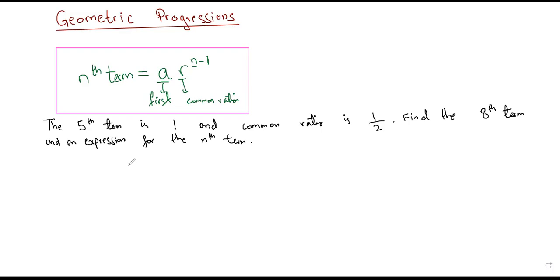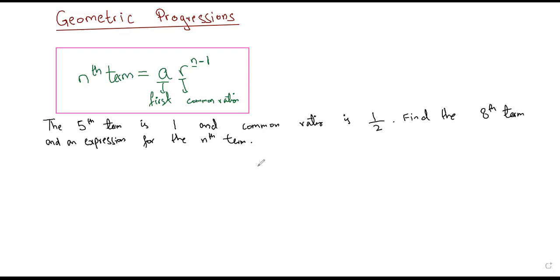Let's read it now. The fifth term is 1. Obviously, they're talking about geometric progression. This is obvious because we are on that section. Okay, it won't be obvious in exam. You need to think about it. So either the examiner would tell you or he would give you the sequence, and through the sequence, you will see if it has a fixed difference, it is arithmetic. If it has a fixed ratio, it is geometric. The fifth term is 1 and the common ratio is 1 by 2.